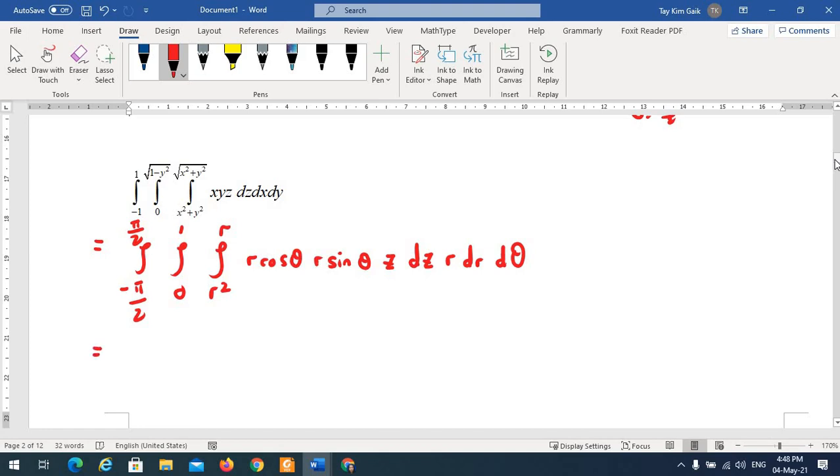Okay. Or you evaluate, total you have r squared. So better you simplify.